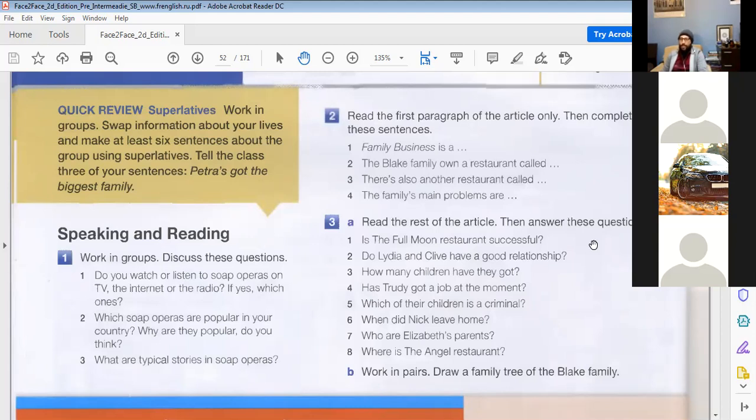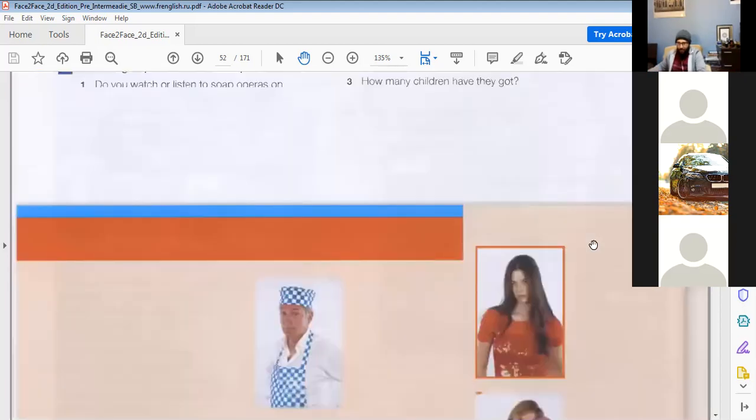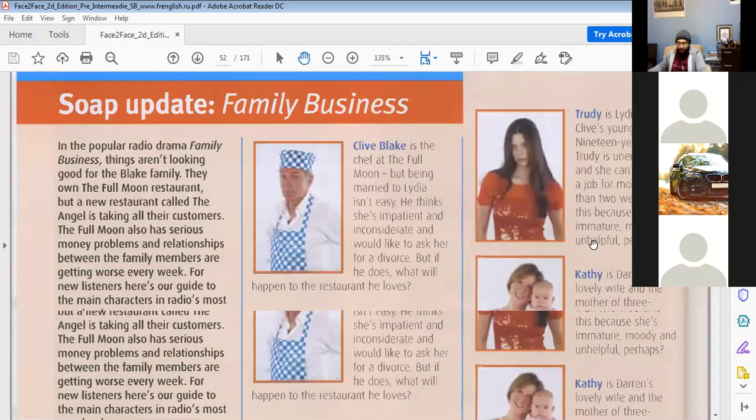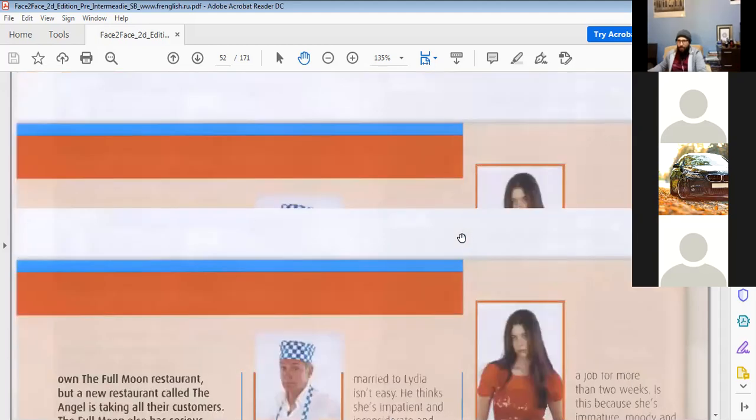And what about Nick? When did Nick leave home? 1 year ago. Let's check. Is that correct? Okay, Rashid agrees with you. But let's take a look. Where does it say? Nick left home a year ago. You're right. Correct.